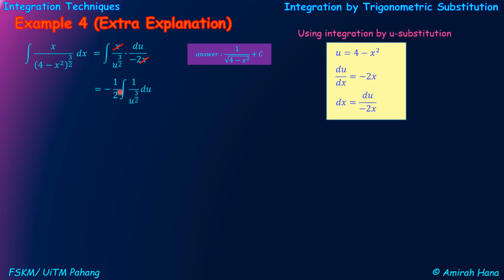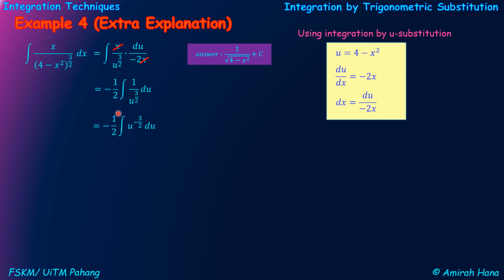To integrate 1 over u to the power of 3 over 2 du, we need to use the properties of indices. So from here, we have negative half, and then the integration of, using properties of indices, we can write this in the form of u to the power of negative 3 over 2 du.